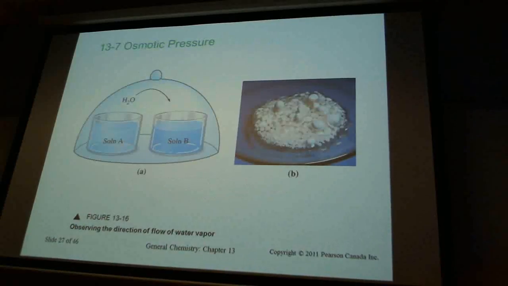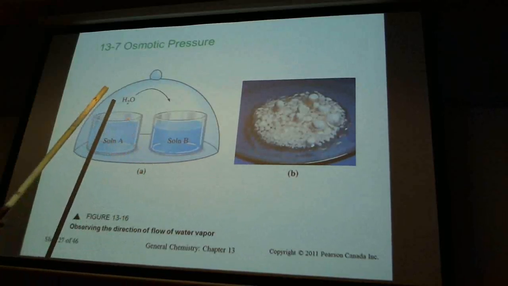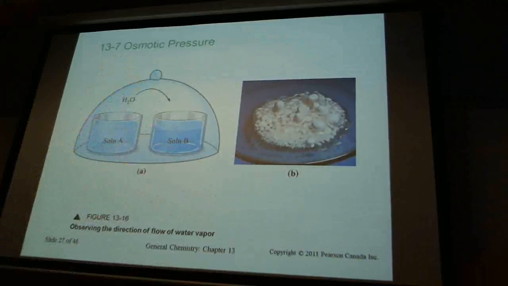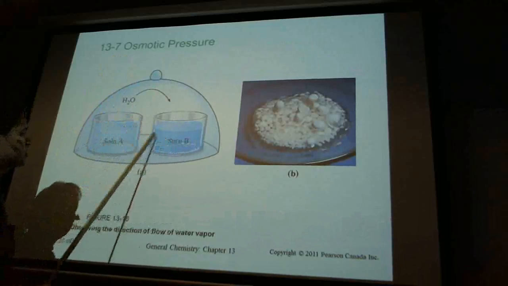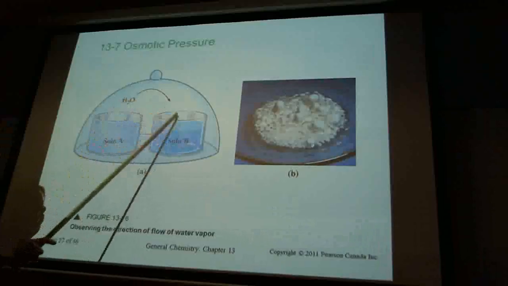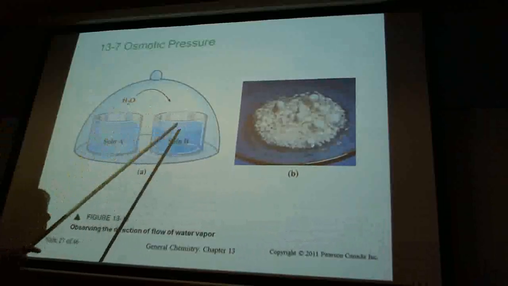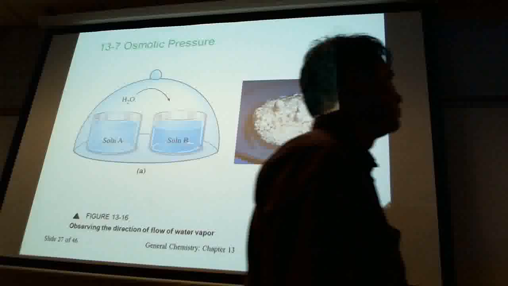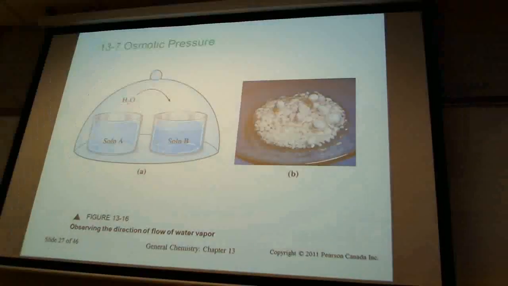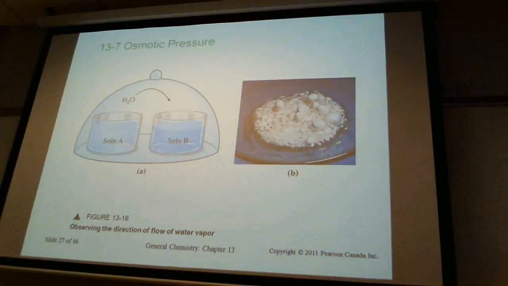This is distillation. Another thing that you see is osmotic pressure from vapor pressure lowering. There are different ways of thinking about osmotic pressure. If these two solutions have different vapor pressures, then we're going to get a net transfer of water from one solution to another. And we can see this here on the board. I tried to illustrate something here.